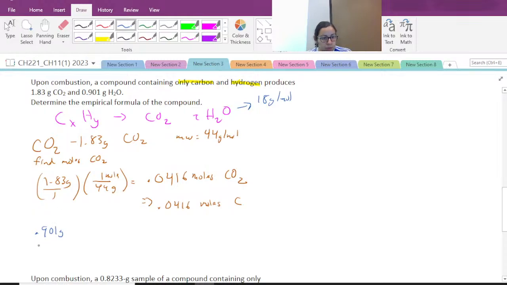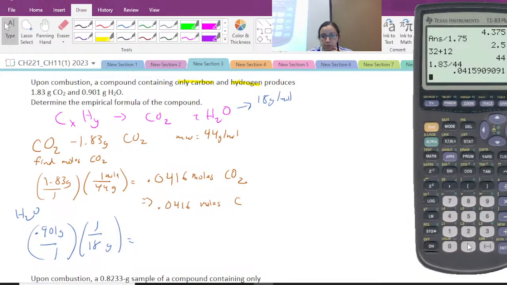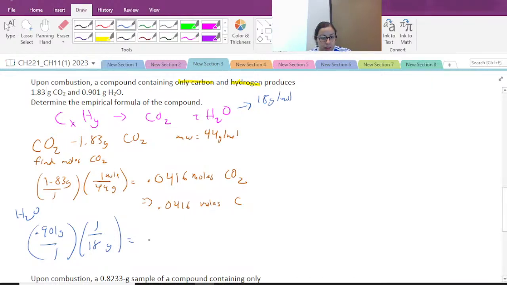And so let's just repeat. So this is for water. Divide. And so I get 0.05 moles of water. But then how many moles of hydrogen do we have? What's the difference?